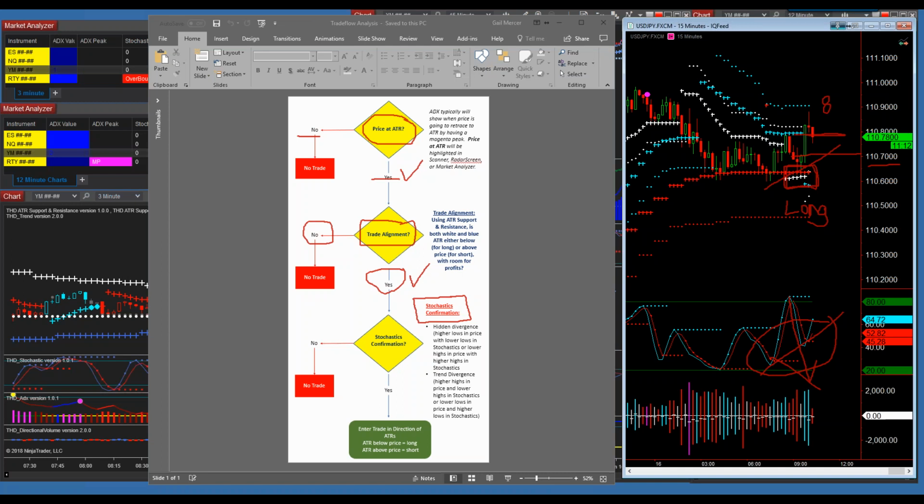Could you make money with that 8 pips? It depends on what you're trading. With the binaries, you would have made a little bit. You wouldn't have made the full profit potential. But on the Forex side, you would have paid a pip in and a pip out. So that would have left you with 6 pips if you came out right at the ATR.